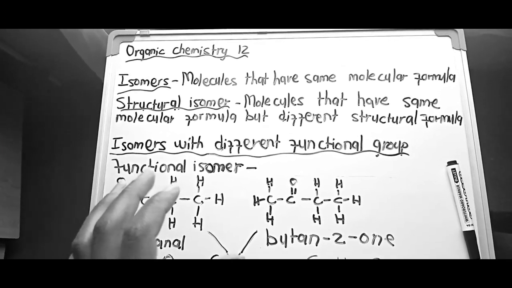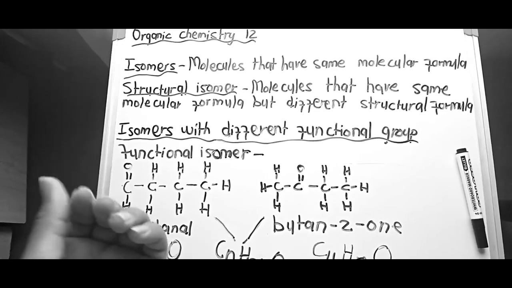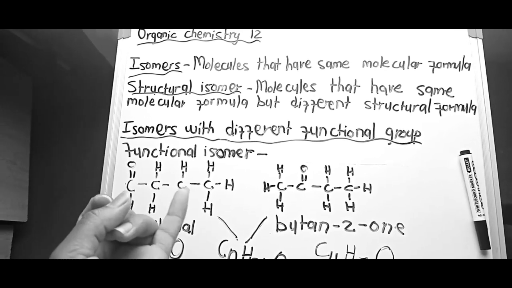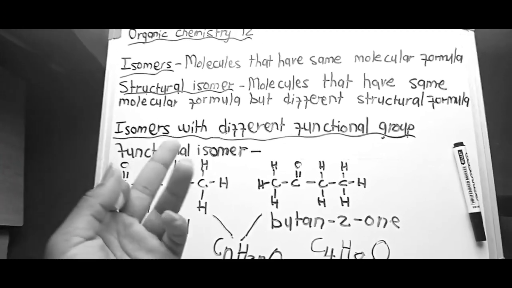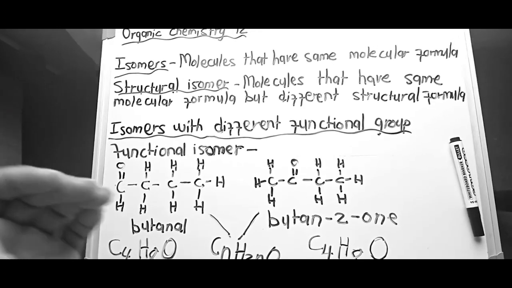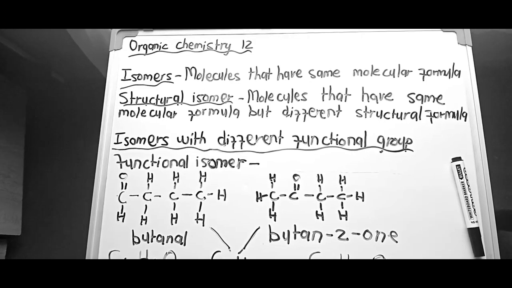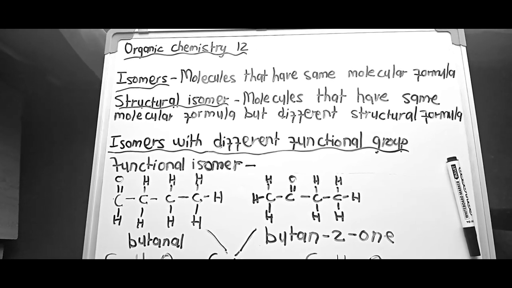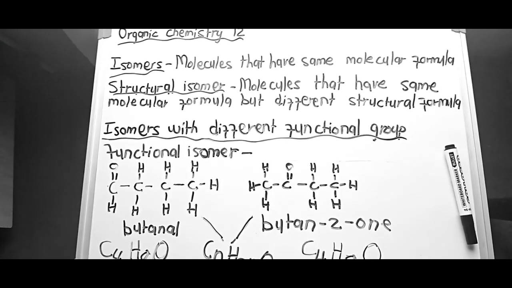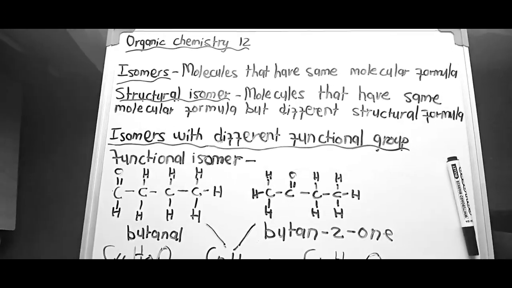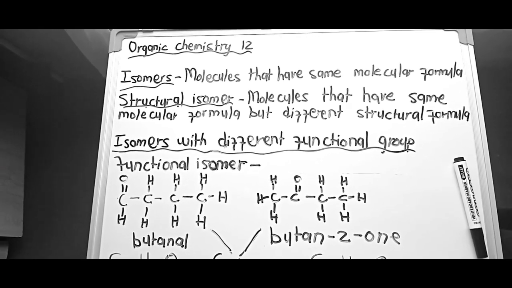Under functional isomer, the homologous series that we use are carboxylic acid going along with ester, and aldehyde going along with ketone, as you can see from the previous videos. So guys, please do practice and also know your definitions to score yourself some easy 2 marks, and know how to apply them, and also read the question thoroughly, understand it and answer it properly.